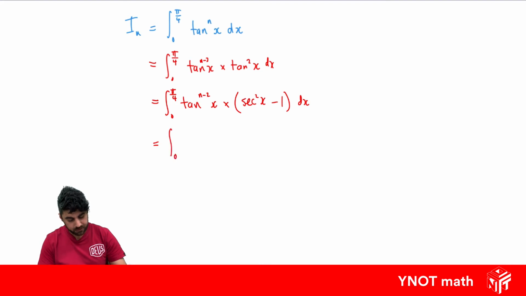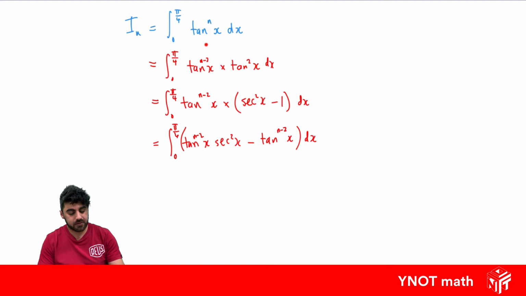So we get the integral from 0 to pi on 4 of tan of x to the n minus 2 times sec squared x minus tan of x to the n minus 2, all dx.